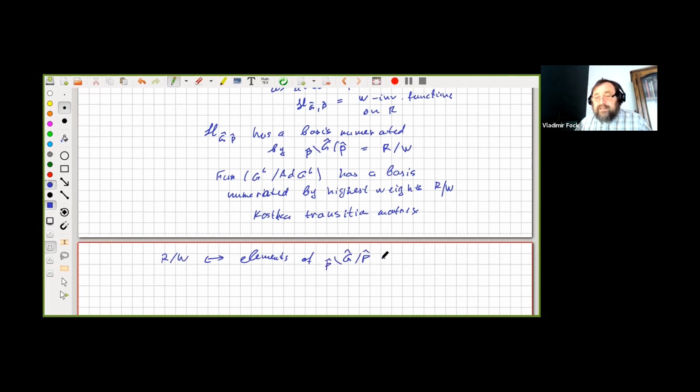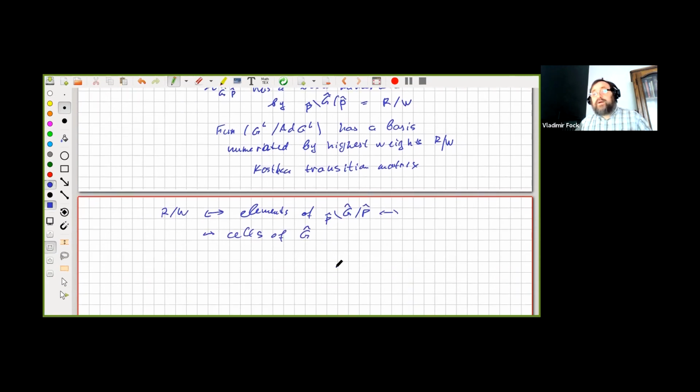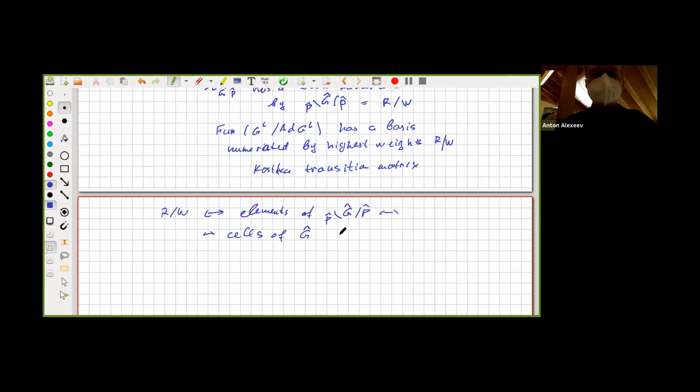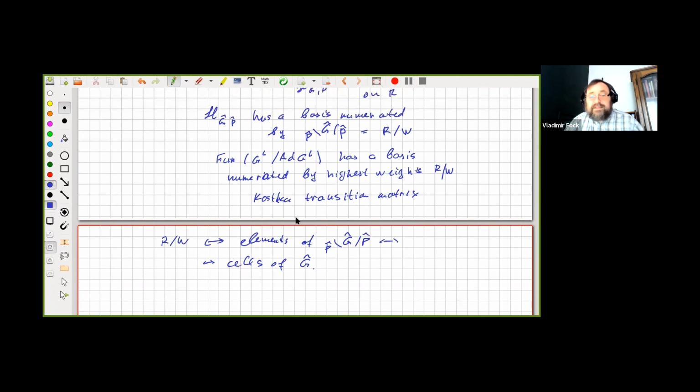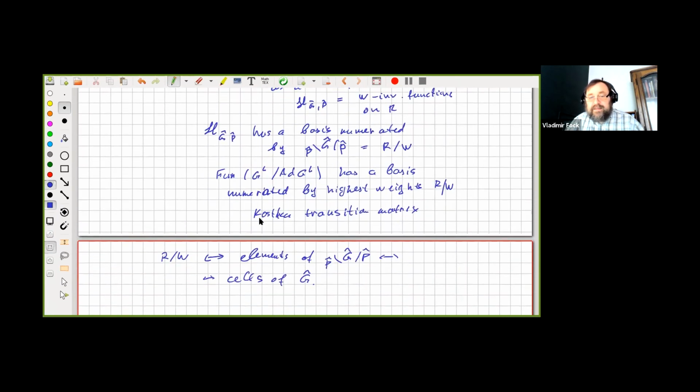But this is a finite set, so it corresponds to cells of G hat.

So the moral of the Satake correspondence is that you have some finite discrete set on the left-hand side, which is constructed purely out of a finite dimensional group, and this finite set gives you the cells on some infinite dimensional object.